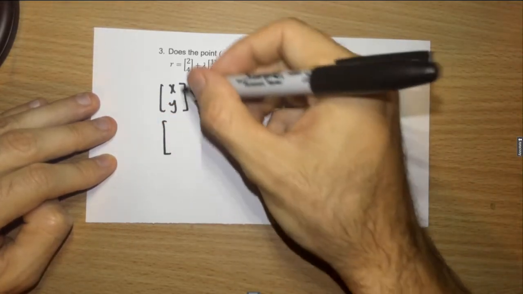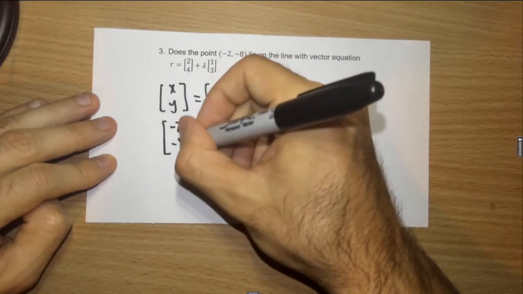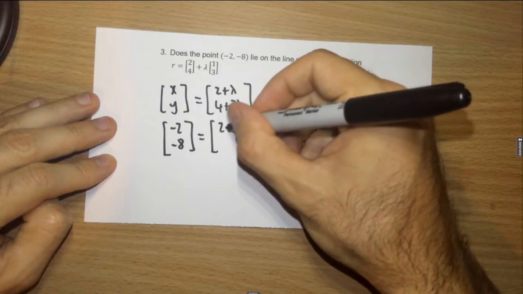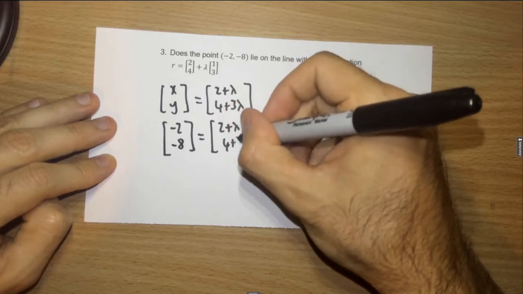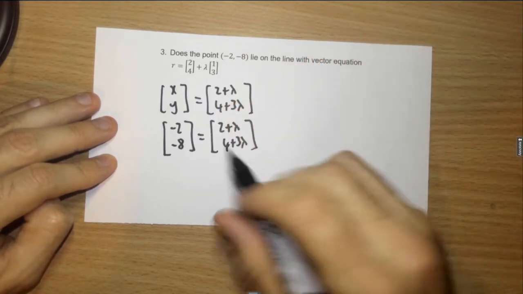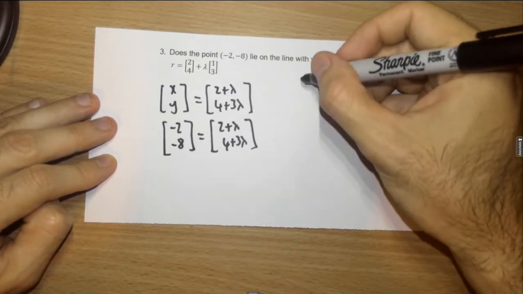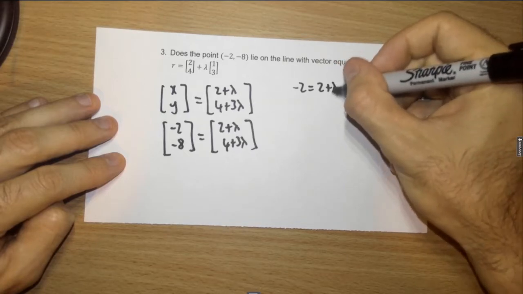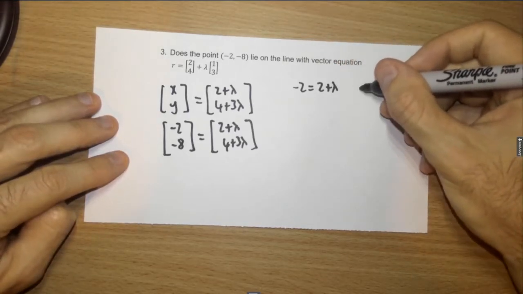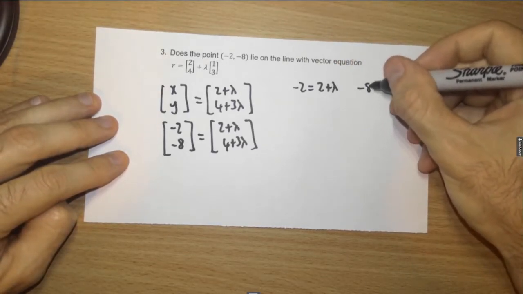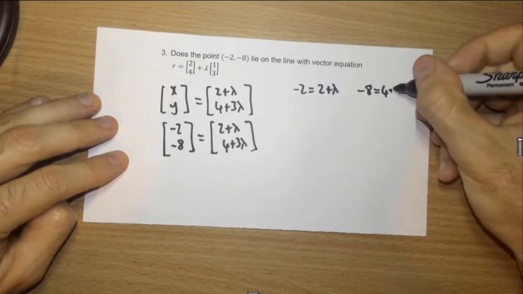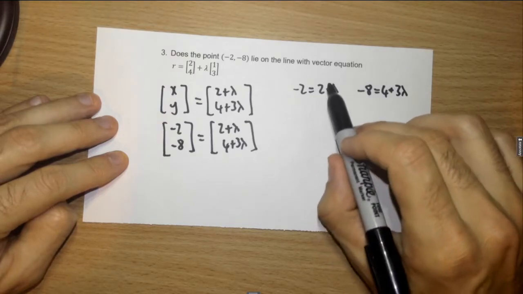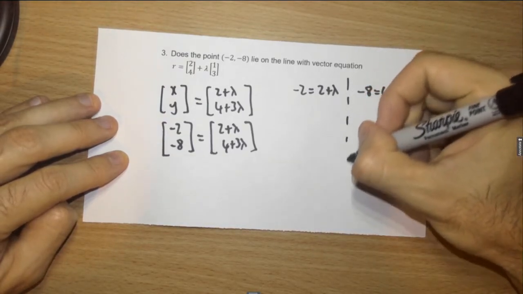So I want to know, does minus 2, minus 8, is there some value of lambda that makes this true? So what we've got is minus 2 equals 2 plus lambda, and we've also got minus 8 equals 4 plus 3 lambda. I'm going to work on the left hand side for now.